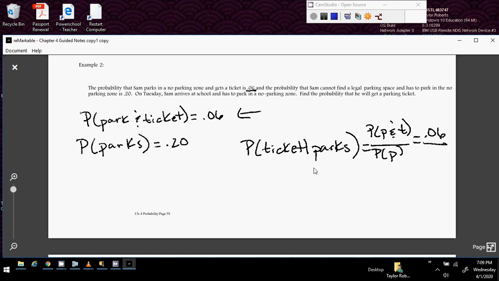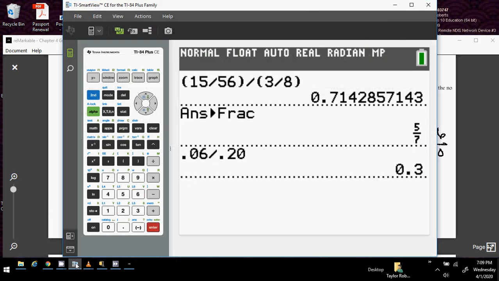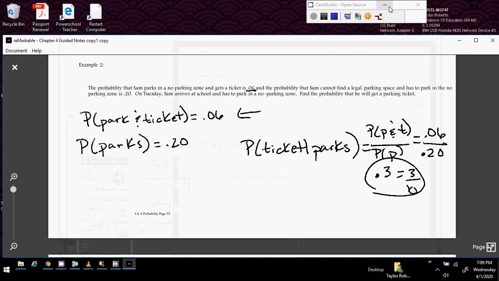That's just the other decimal that they gave us, so that would be 0.20. Alright, so then we would go back over here, 0.06 divided by 0.20, and we get 0.3, which is also 3/10. Either way, that is going to be our answer for example 2.